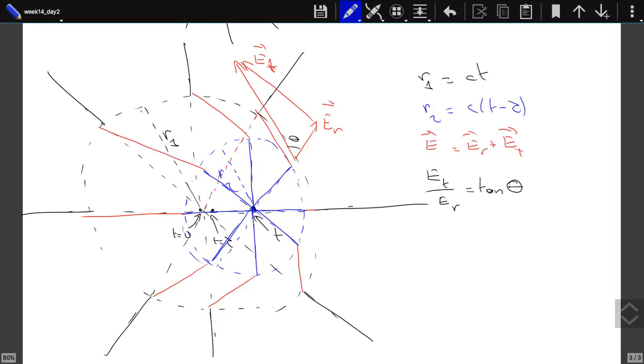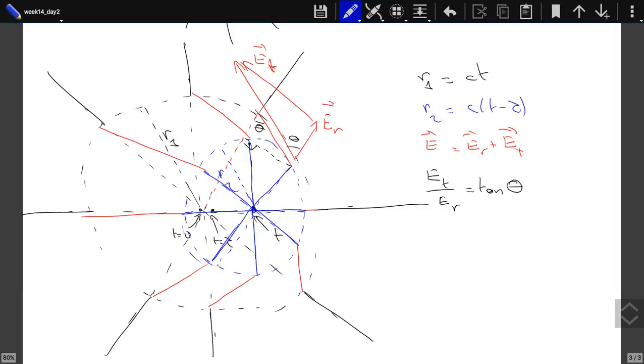I'm just taking the ratio of the magnitudes, the ratio of this side divided by this side. They are perpendicular to each other. That's just the tangent of this angle over there. But that angle over there is nothing but this angle over there. Do you agree? Now let me draw a few more angles.